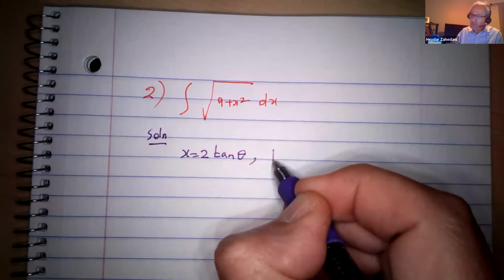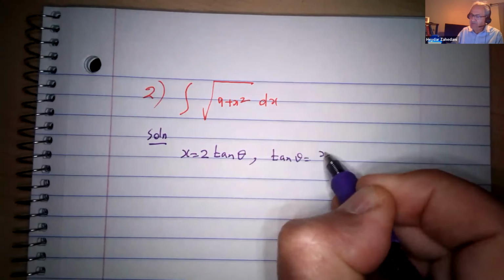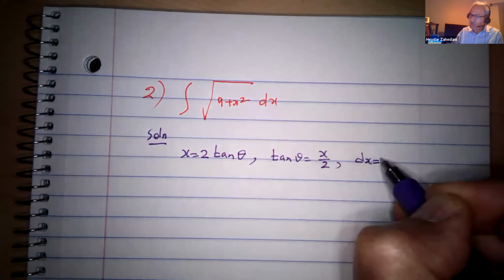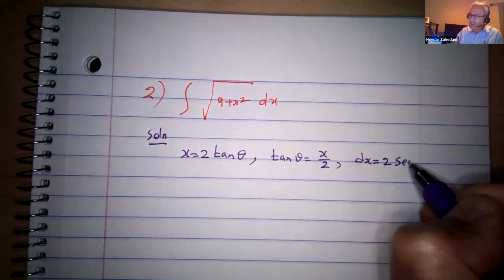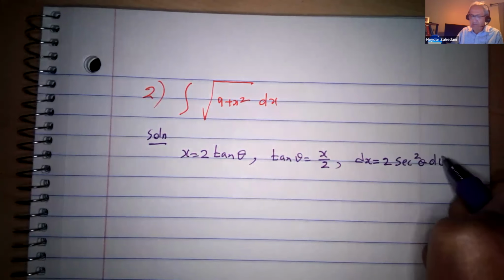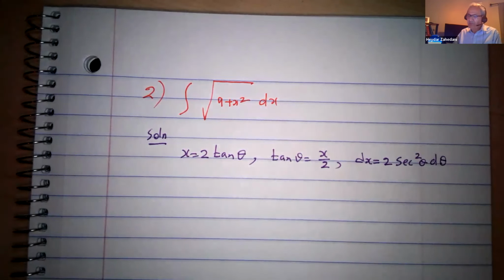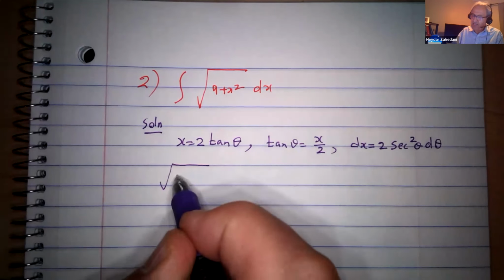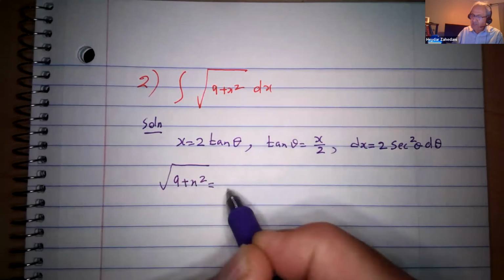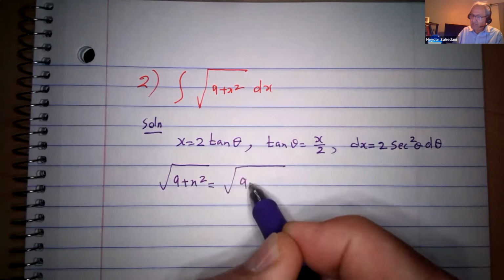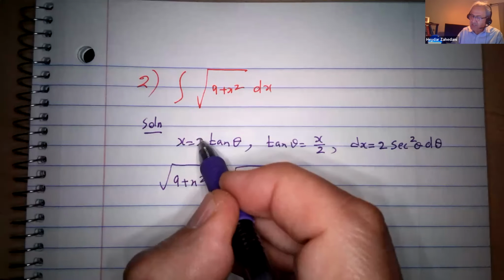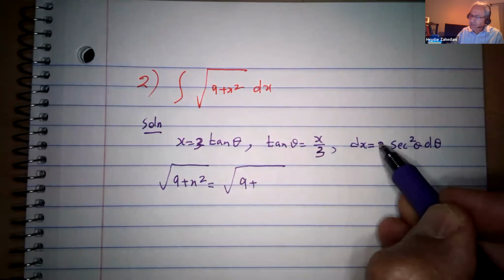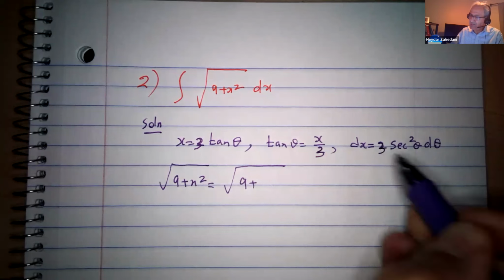So that would tell you that tan theta would be x over 2 for the end of the problem. And make sure to get the dx. The dx would be 2, the derivative of a tangent, secant squared of theta d theta. You can simplify it as much as you can, then go inside. So it's 9 plus x squared. If you substitute, that gives you 9 plus, I'm sorry, this must be 3. And that's a 3, sorry, because I want it to be 9.